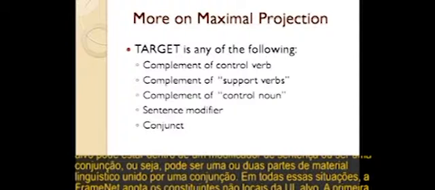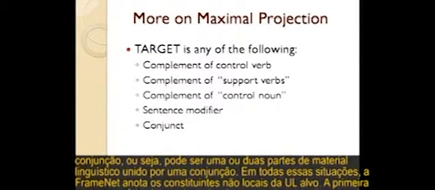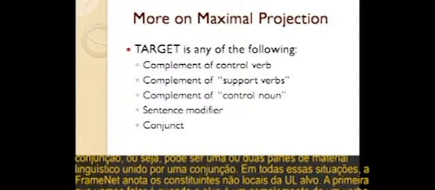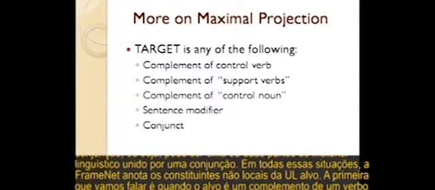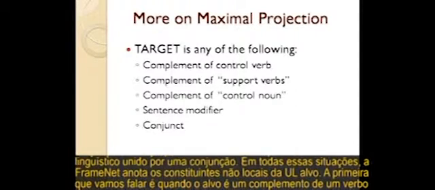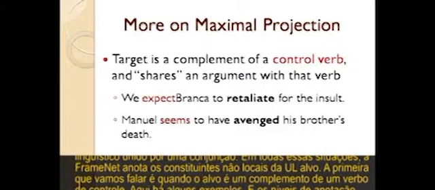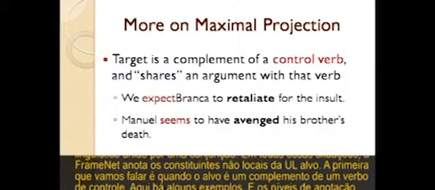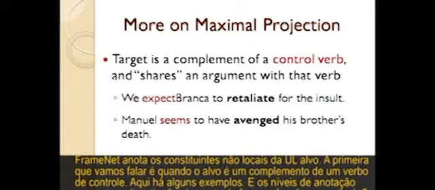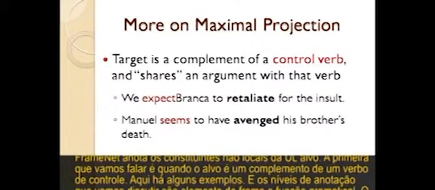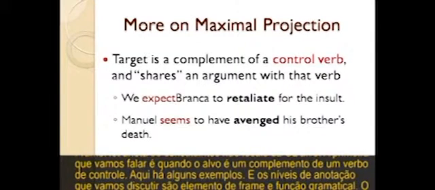Or it could be a conjunct. That is, it could be one of the two pieces of linguistic material in a conjunction. So in all of these situations, FrameNet annotates non-local constituents of the target LU.